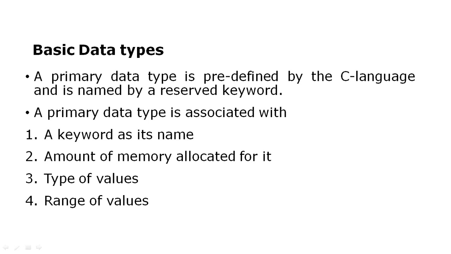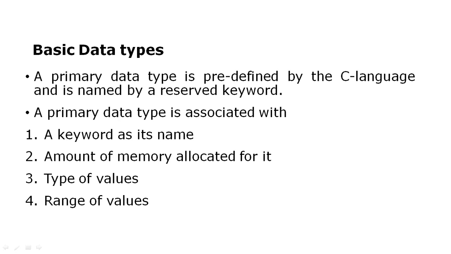Basic data types are primary data types. A primary data type is predefined by the C language, provided in the language itself, and its name is a reserved word, reserved as a keyword.